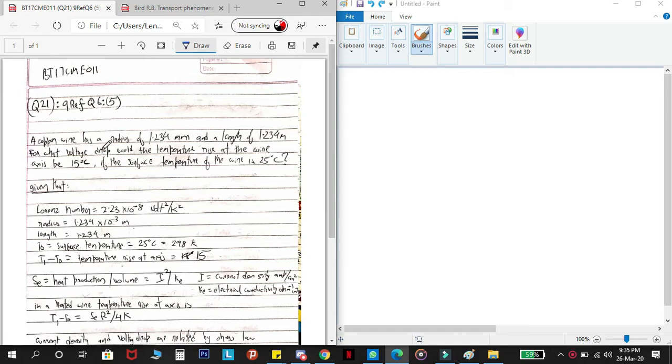Copper wire has a radius of 1.234 mm and a length of 1.23 meters. For what voltage drop would the temperature rise at the wire axis be 15 degrees Celsius if the surface temperature of the wire is 25 degrees Celsius? So what we have here is a cylinder. We can take this wire as a cylinder.